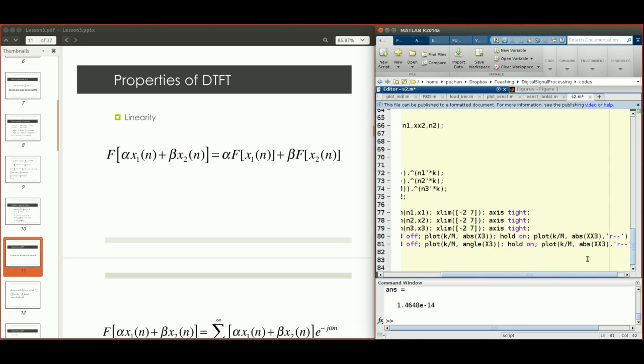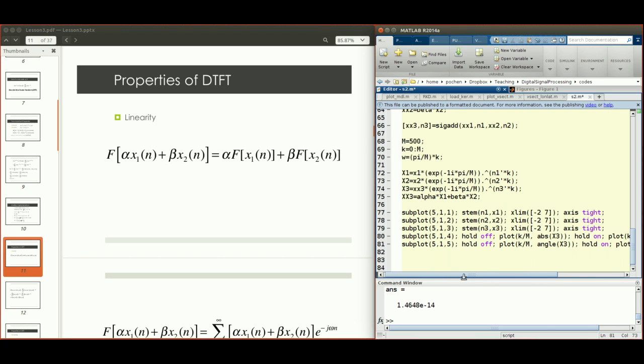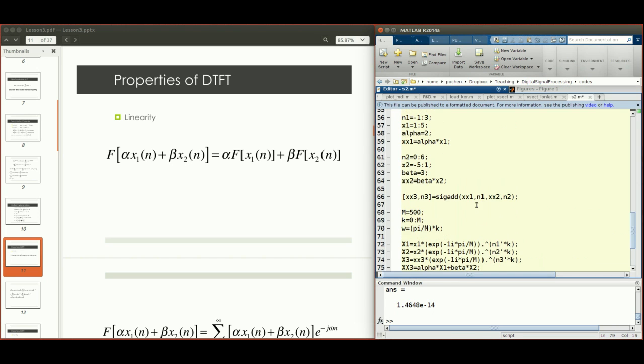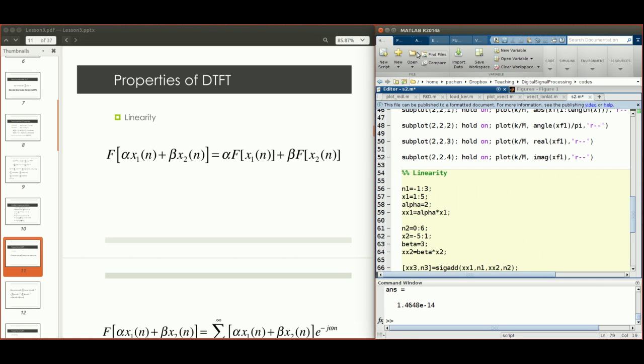The phase angle, basically. Right. So let's rerun it. Right. So the amplitude is identical, phase is identical also, right? So that basically is a validation of the linearity of the two signals, right?